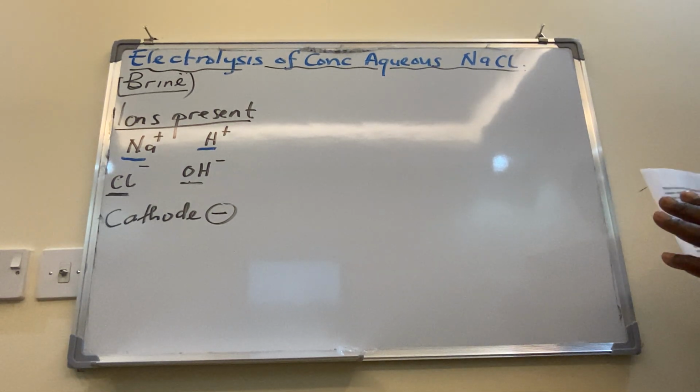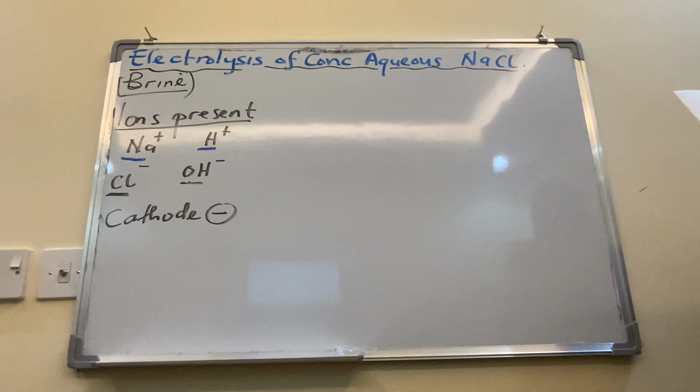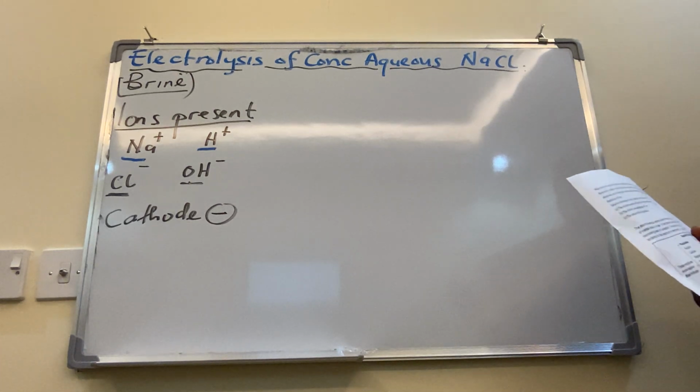For this, you need to remember the reactivity series of metals, also known as the electrochemical series, because metals are arranged in order of decreasing activity, in order of decreasing ease of oxidation. For instance, sodium tends to form ions more easily than it is reduced.